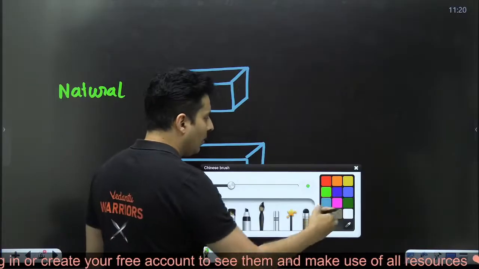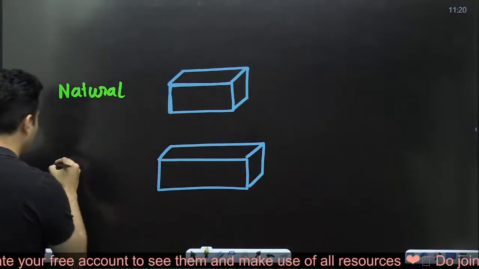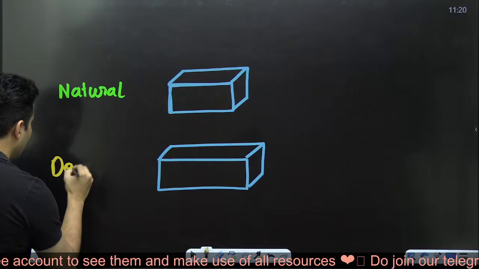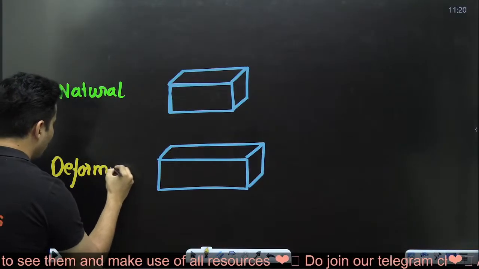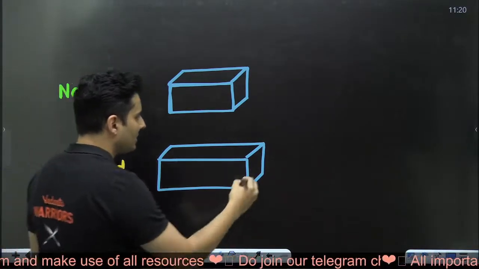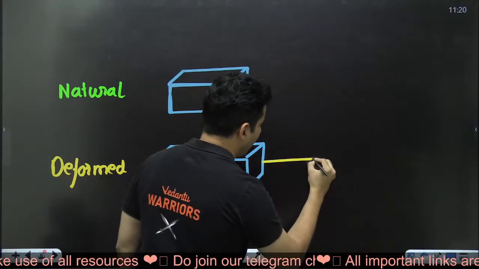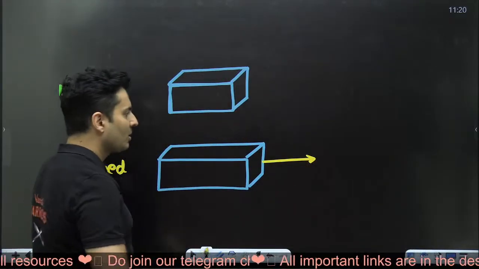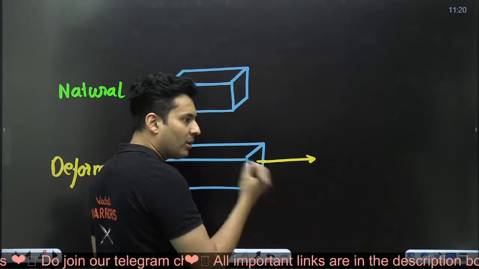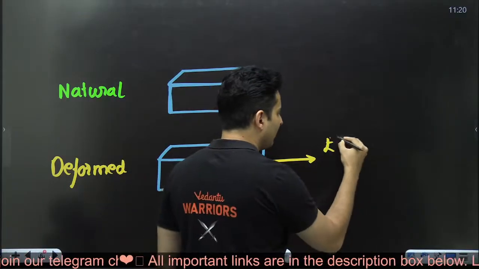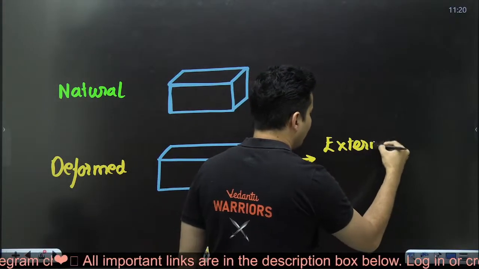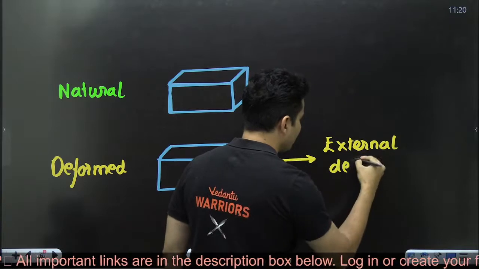Let's say now I have deformed this body by pulling it, and I have applied some force from here. This force which I apply from outside is the external deforming force.